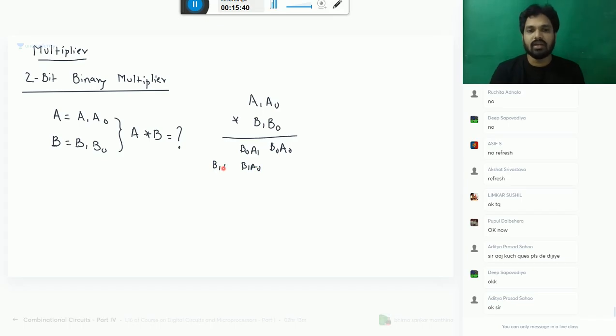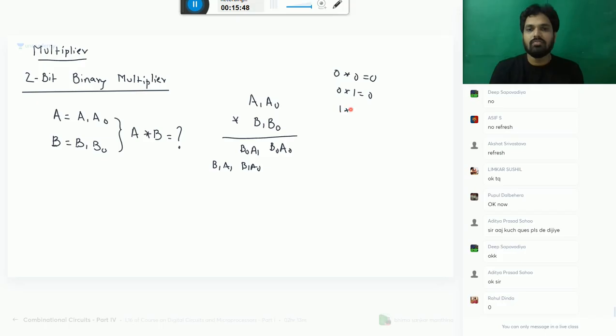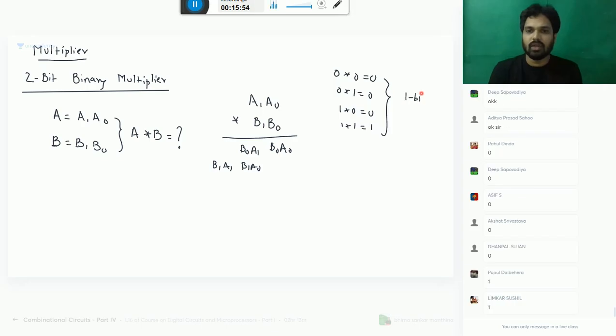For a single bit, multiplication is nothing but what is 0 into 0. 1-bit multiplication is equal to AND operation only. Is it same as AND operation?